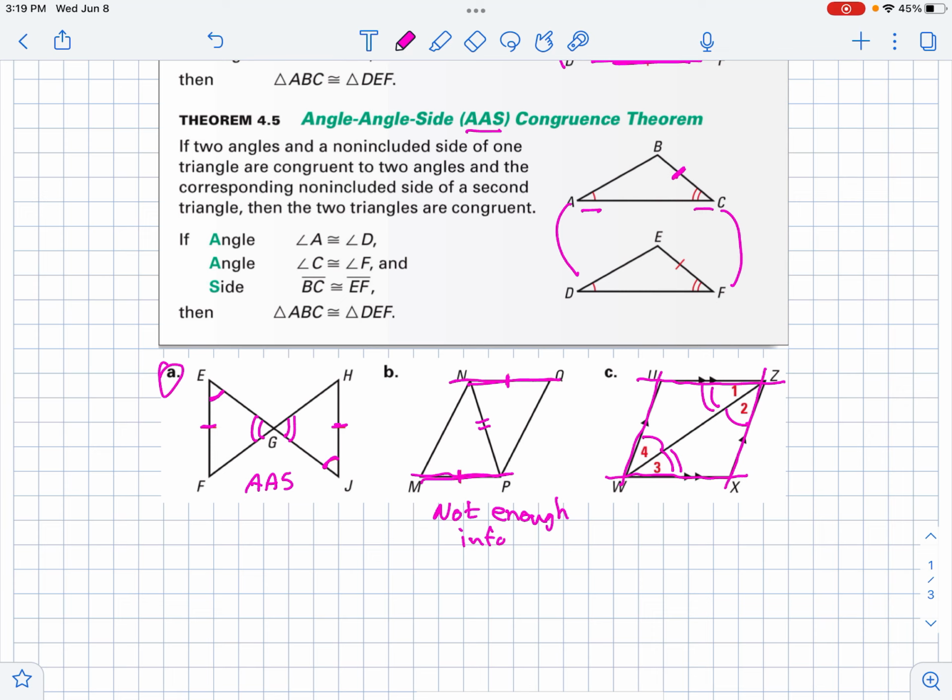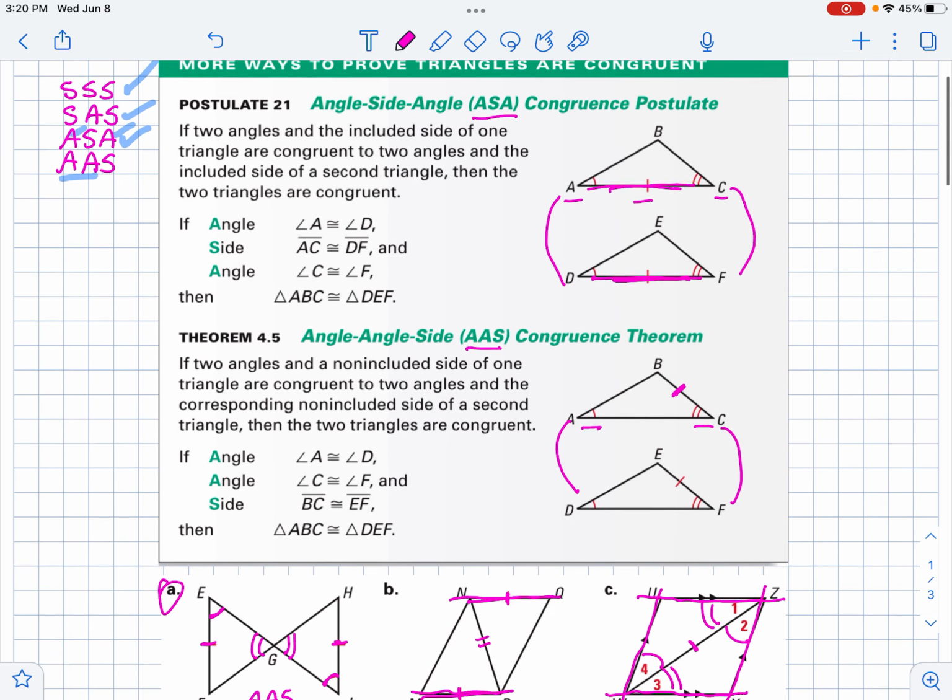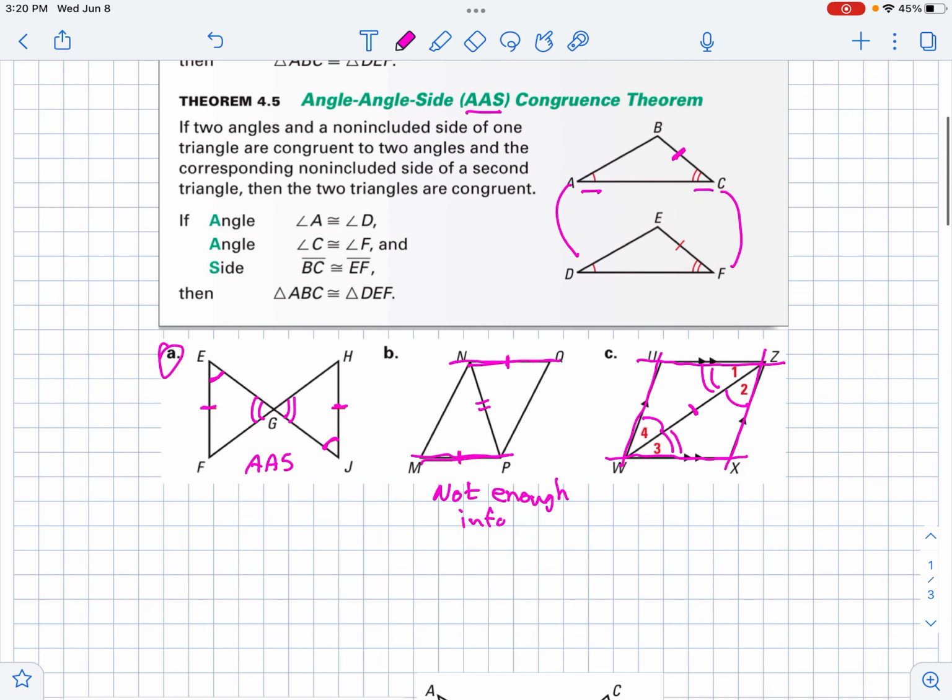We also know that this side, WZ, is congruent to itself by the reflexive property. So we've got a triangle, and it looks like we have angle, side, angle. Yes, that's right, and that's one of our properties.